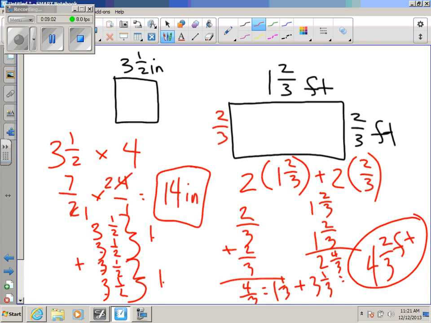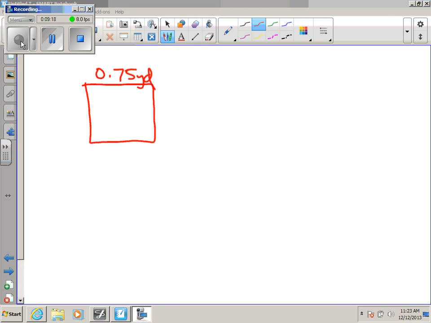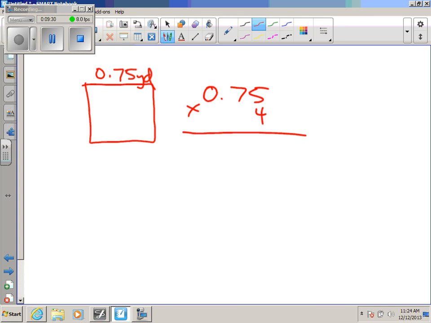No, you won't ever subtract because you're going to add all sides. But I mean, if there's fractions, there's also a possibility that there's going to be decimals. Okay, so that's a square. The quick way, multiply by 4.